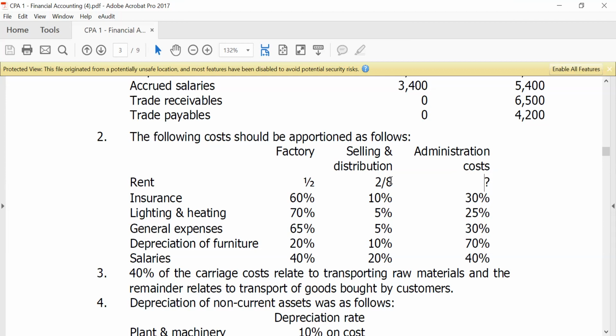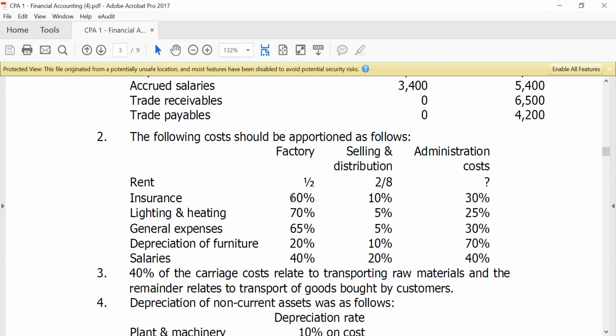So you basically add these two ratios together, a half plus 2/8, which is a half plus a quarter, because 2 out of 8 is 1/4. So this is a half and a quarter, which is about 3/4. And then you're able to get this one, which would be about 1/4. We shall try to calculate that.